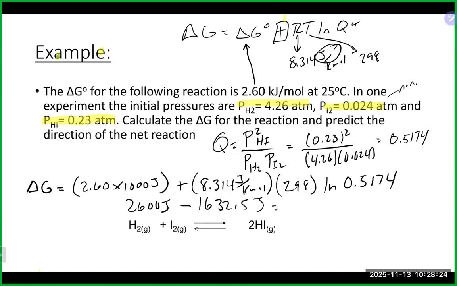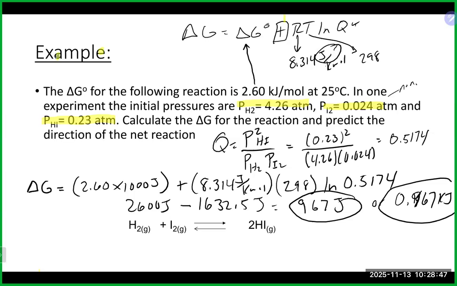So at this point we will end up with that plus that, and that's going to give me something like 967 joules in this case, or if you want to put it into kilojoules, which is typically what we see here, that'd be 0.967 kilojoules.